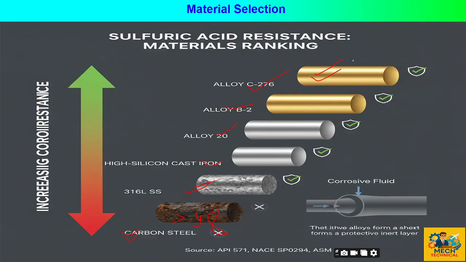This is the highest resistance. So we have to select the material based on economic factors. We have to upgrade the metallurgy based on concentration, for lower concentrations, and at higher temperature and higher flow velocities, to keep the iron sulfide layer intact and strong.